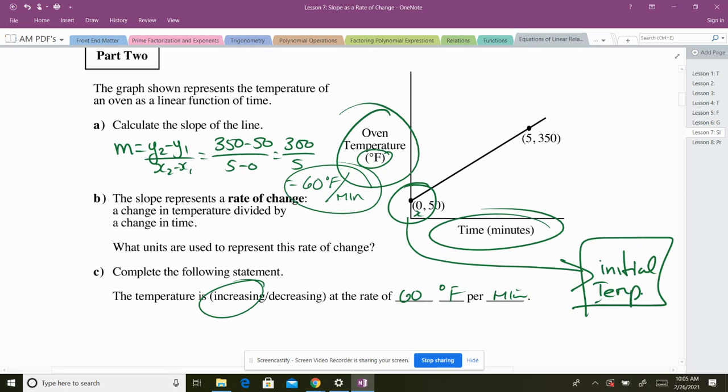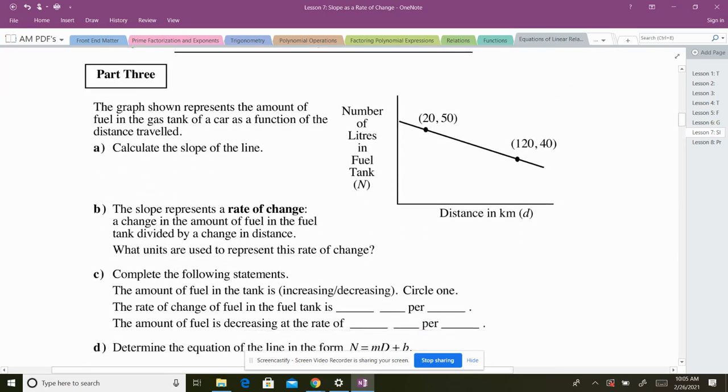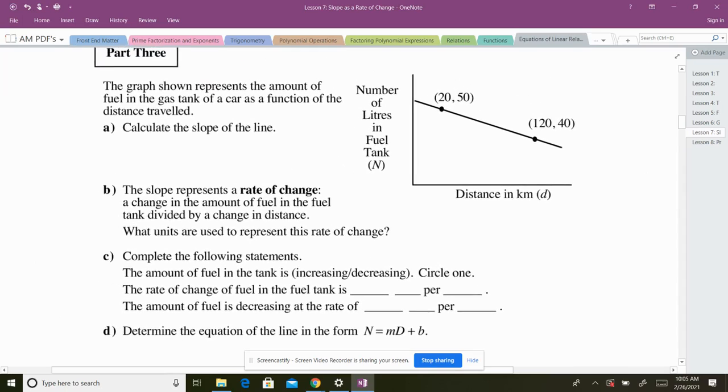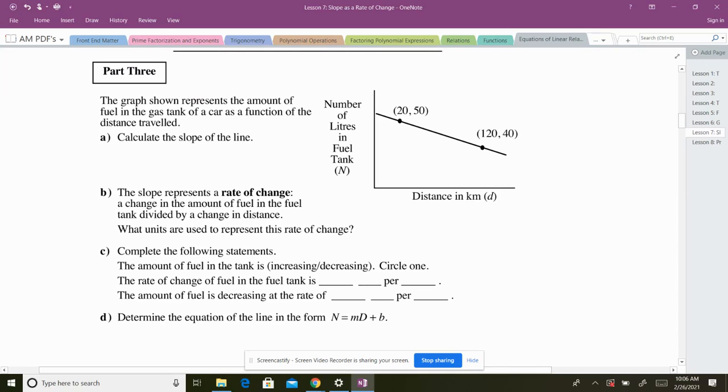Flip the page, please. All right. Now, we've got car driving, so this is similar to the one we did last week. We're driving a car. The number of liters is going down.